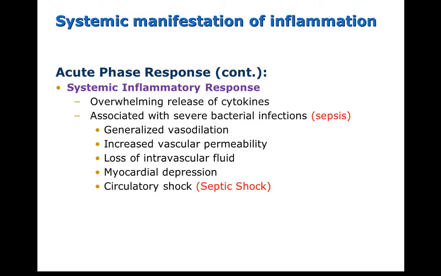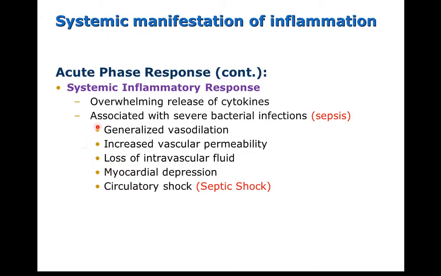In severe bacterial infections, or sepsis, the large quantities of microorganisms in the blood result in an uncontrolled inflammatory response. And that results in general vasodilation, increased vascular permeability, loss of intravascular fluid, and myocardial depression.